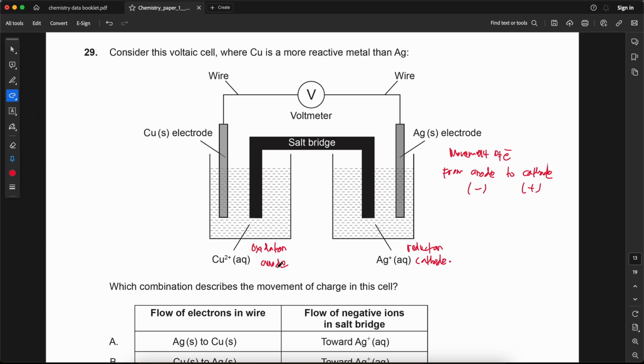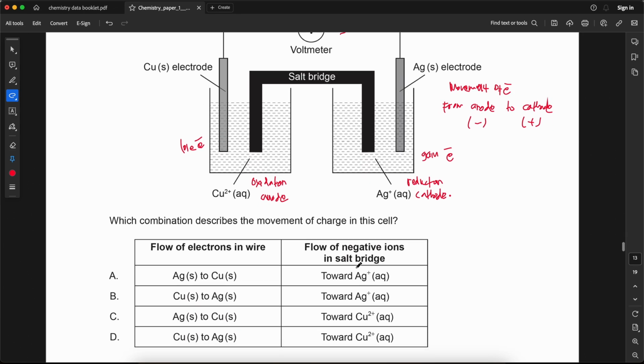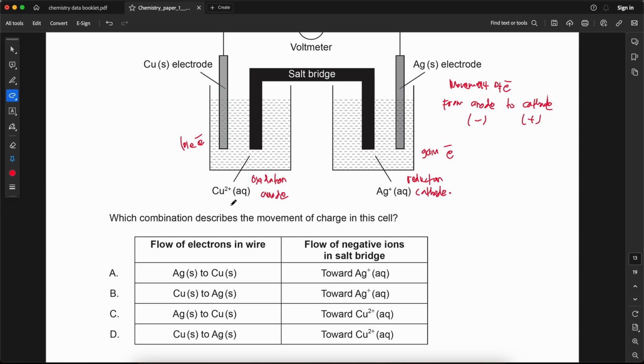So this one will lose electrons, this one will gain electrons as a reduction. The question now: which combination describes the movement of charge in this cell? That would be from Cu to Ag, because from anode to cathode.